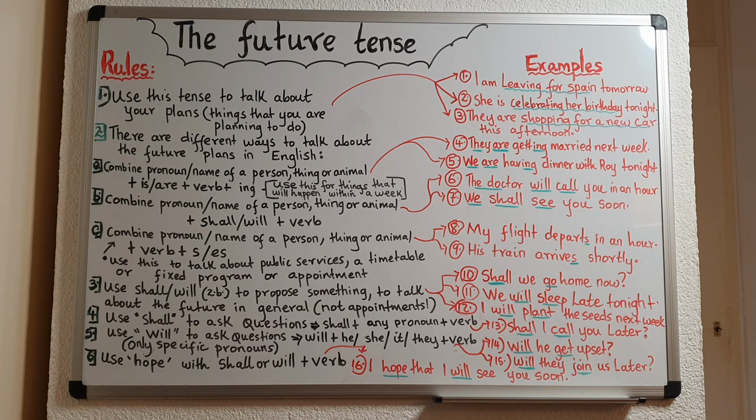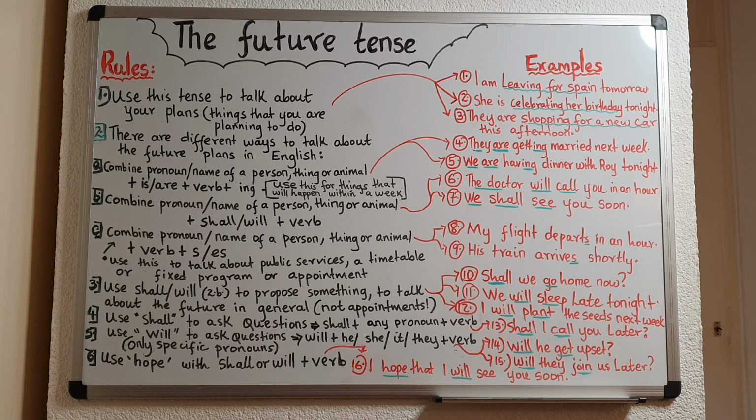Now, rule number 5. Use will to ask questions, but we only use will with specific pronouns. Okay? And they are he, she, it, and they. For example, look at example 14.